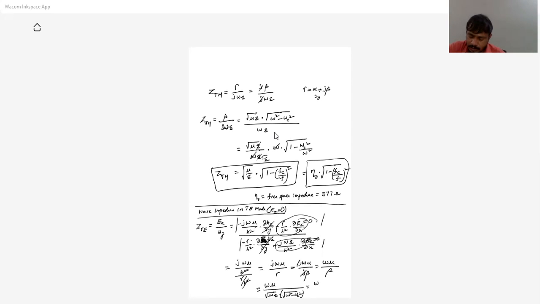This is equal to omega mu by root mu epsilon, take omega out, root 1 minus omega c square by omega square. So omega gets cancelled.